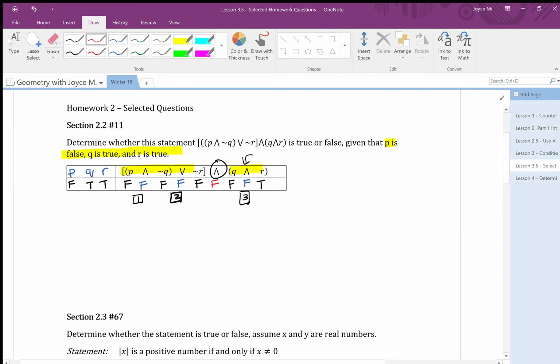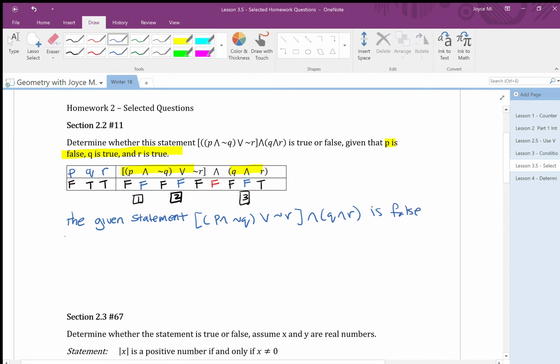So now I found the truth value for this statement, given P is false, Q is true, R is true. So this statement is false. The given statement, P and negation of Q or negation of R and Q and R, is false for the given condition.